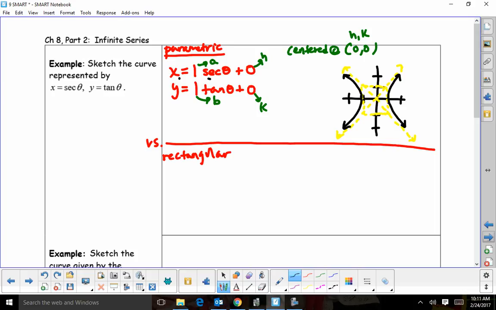Okay, rectangular. Whenever I'm converting these secants, tans, or sines, cosines to rectangular, you're going to be thinking the Pythagorean trig identities. Okay? As you go to convert those guys.